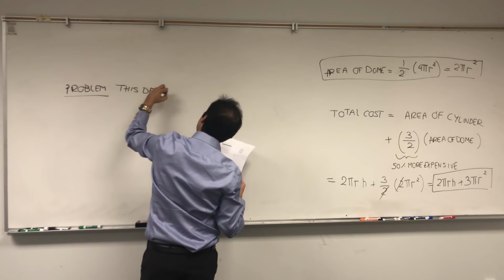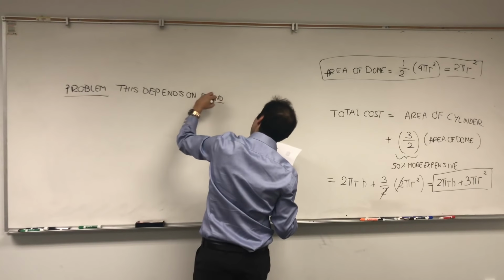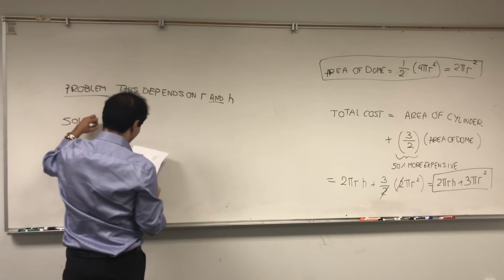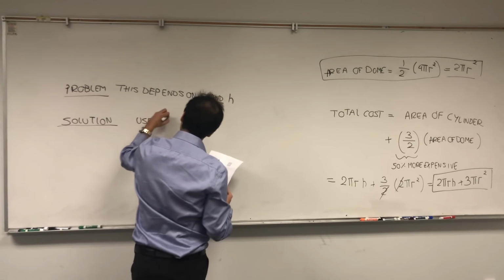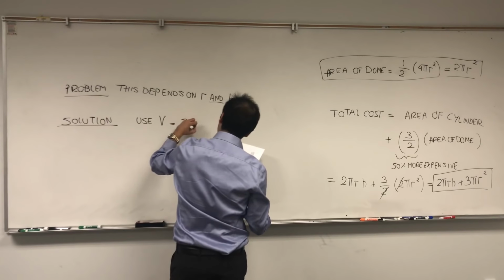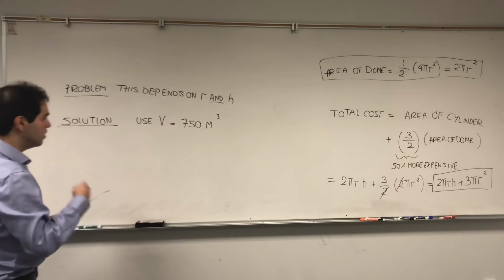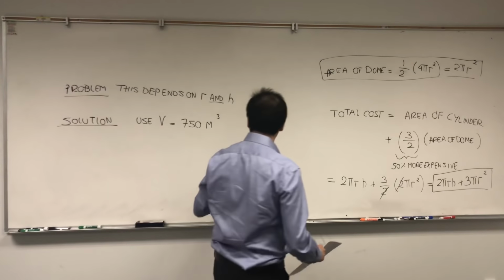Again, the problem is, this depends on r and h. And what is the solution to that? Use the fact that the volume is 750 cubic meters. Well, let's just calculate the volume of the tower.